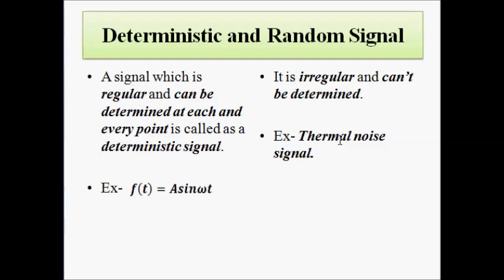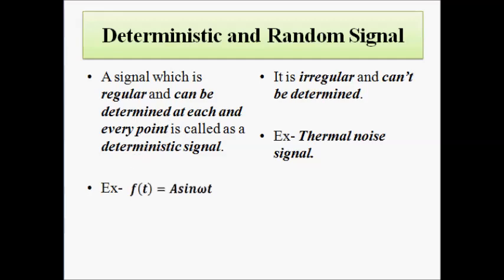So they come under the random signals. The values cannot be defined at each and every point of time, they are irregular, whereas for deterministic signals, the amplitude values of the signal can be determined at each and every point of time.